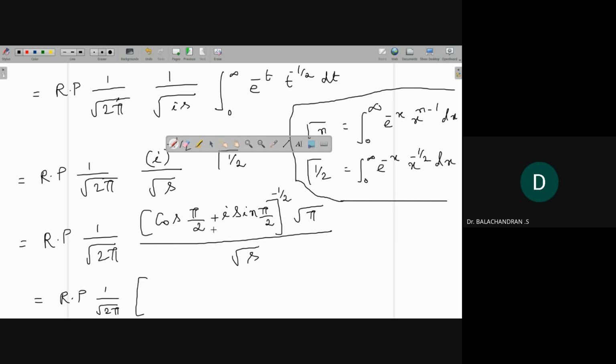Apply De Moivre's theorem. We'll get cos pi by 4... I think here, minus 1 by 2, are we getting minus 1 by 2 or plus 1 by 2?